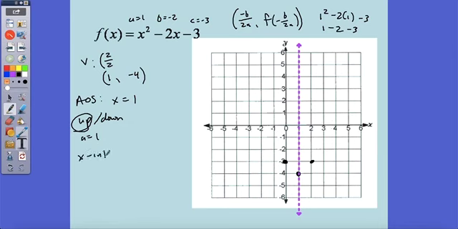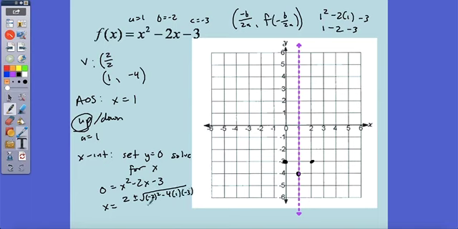So to find the x-intercept, we set y equal to 0 and solve for x. So we say 0 equals x squared minus 2x minus 3. And we can use the quadratic formula here. So x equals negative b, that would be 2, plus or minus the square root of b squared, that's negative 2 squared, minus 4ac, 4 times 1 times negative 3, all over 2a, that's 2 times 1.